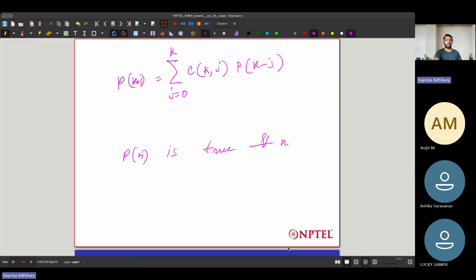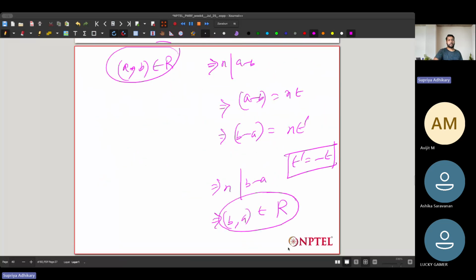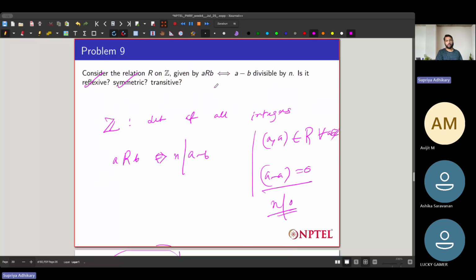So this relation, that A is related to B if and only if A minus B is divisible by n, is actually equivalent to A is related to B if and only if A is congruent to B mod n. That is, we are considering A and B to be related if after dividing by n, we get the same residue.